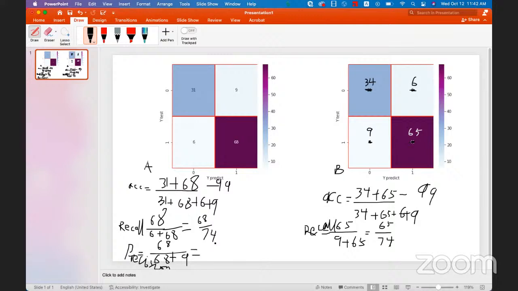So with this score, which model is better? Say 77. 65 divided by 6 plus 65.